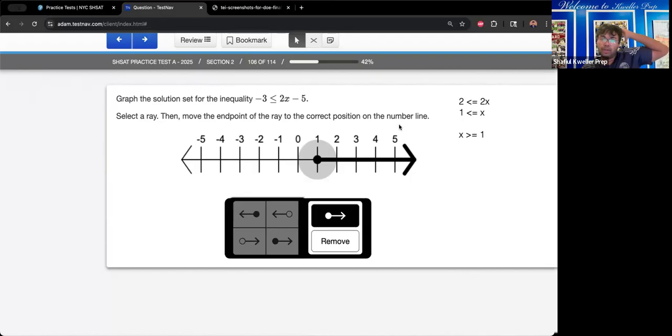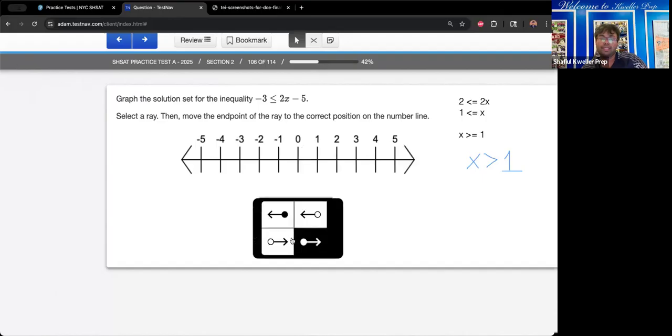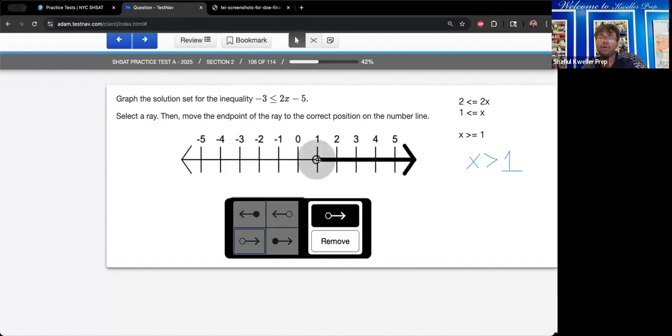What's the difference between the color of the circle? So in this case, if you were choosing the shaded in circle, so these two, that means that it's greater than or equal to, whatever it's equal to. So if it's equal to, then you shade it in. So these two are shaded in. But if it's just greater than, like if it was x greater than 1, the answer would be this with the open circle.